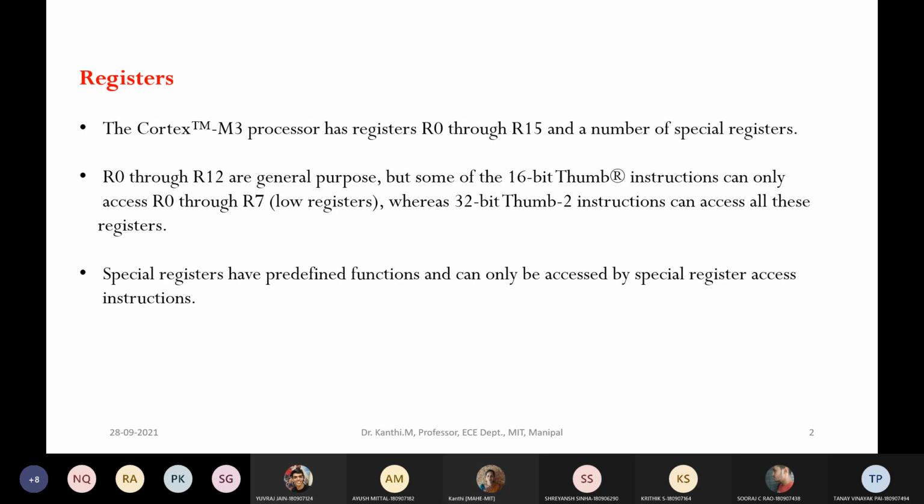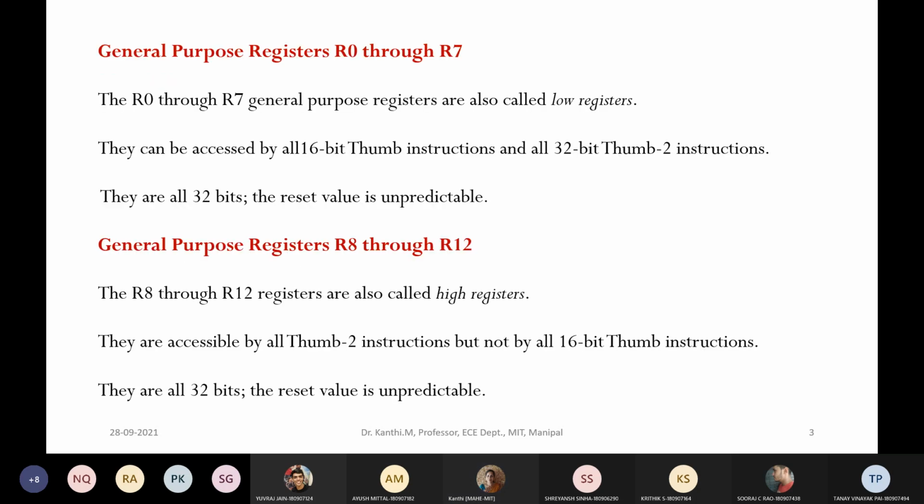So we have some special registers with their own predefined functions. Let us see the registers which are used in the Cortex M3. We have low registers and high registers. That is, you are dividing the whole 16 registers, R0 to R7 as low registers.